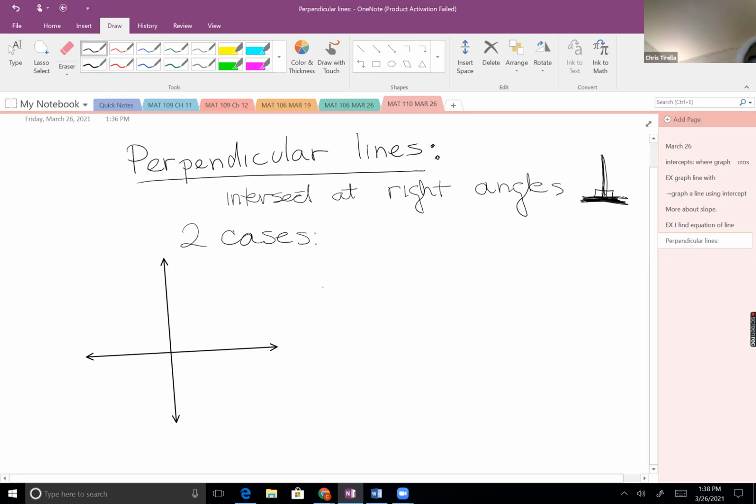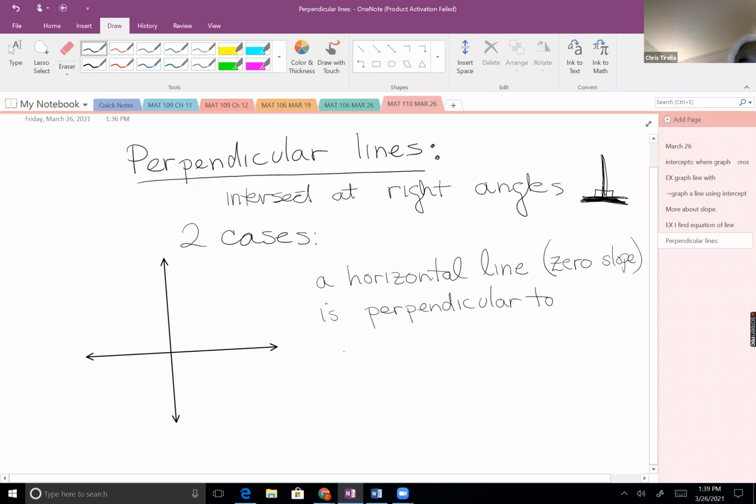So the first case says that a horizontal line, and again, remember a horizontal line has 0 slope, is perpendicular to a vertical line. And remember, a vertical line has slope undefined. The slope does not exist.